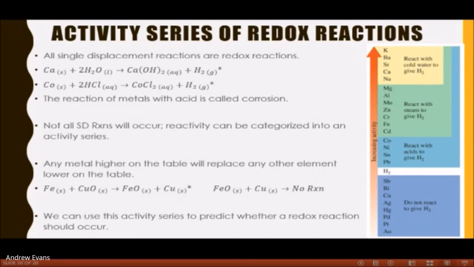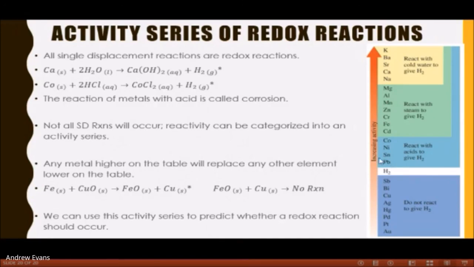So just a quick example I'm going to throw up, and that's where we're going to stop, is like if I mix nickel with magnesium oxide. So if I said nickel solid plus magnesium oxide, would a reaction occur? Would we get Mg solid and nickel oxide? Question mark.